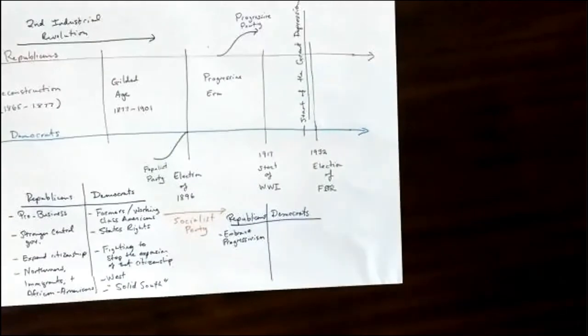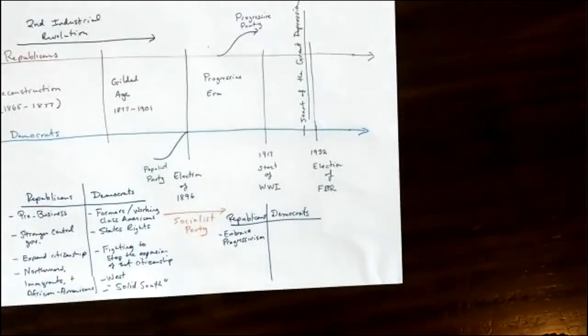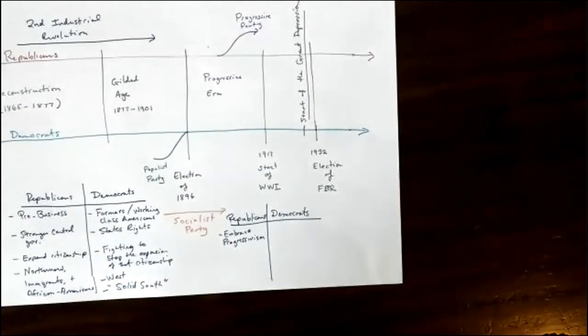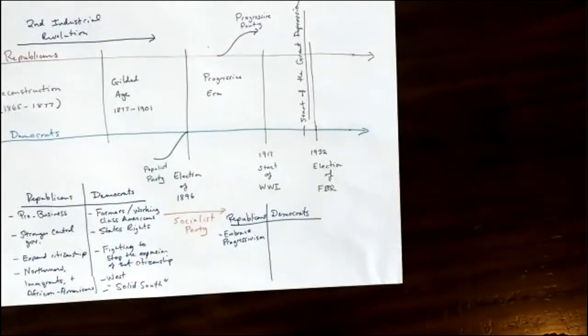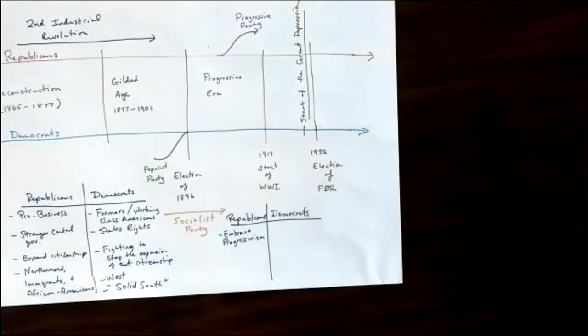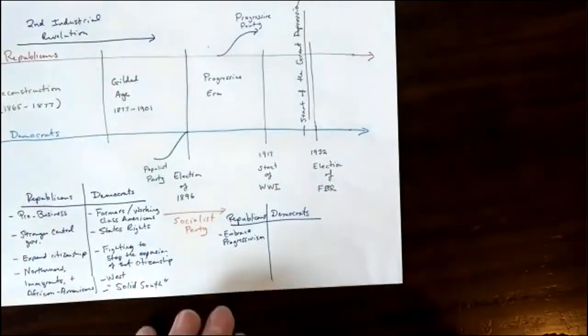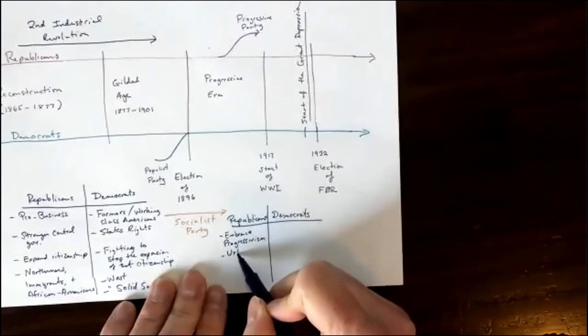Okay, Teddy Roosevelt is the president who turns progressivism into a national movement. When he becomes the president after the death of McKinley in 1901, his Square Deal is what makes progressivism something that is national. They're going to be more urban and pro-business, as they have been.